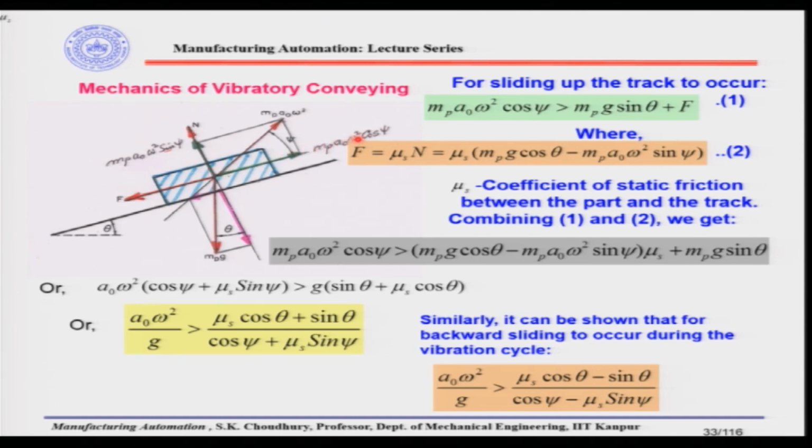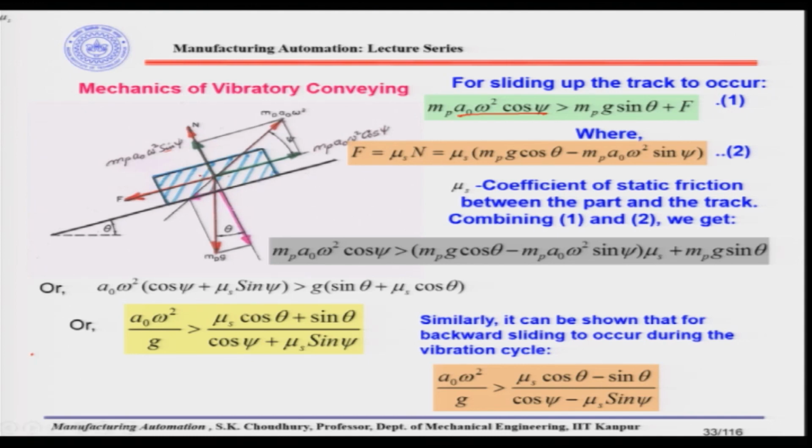the MP A0 omega square cos psi component, and this component has to be more than MP g sin theta plus F, because it has to slide up the track. F is the friction force because of the normal force acting here.